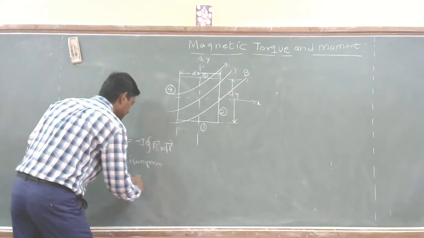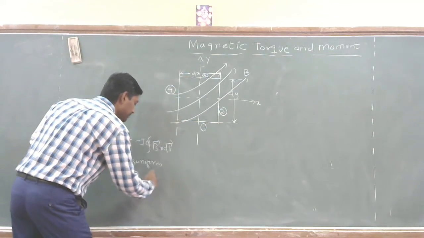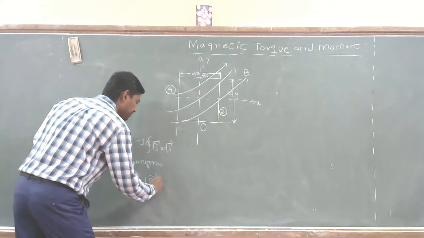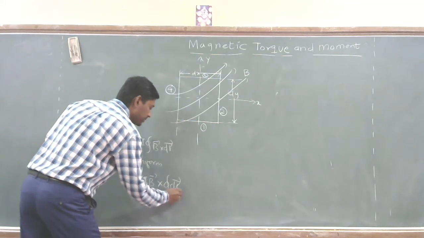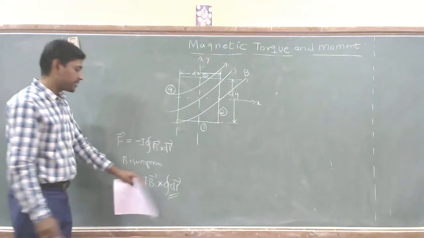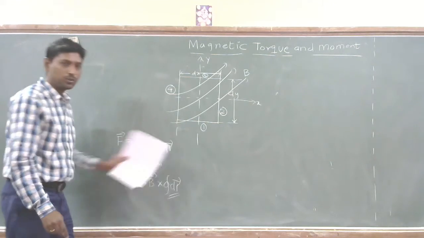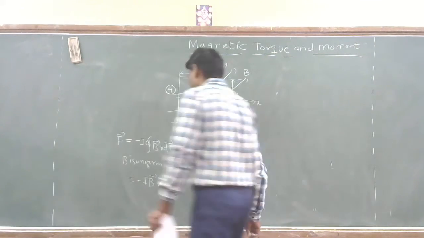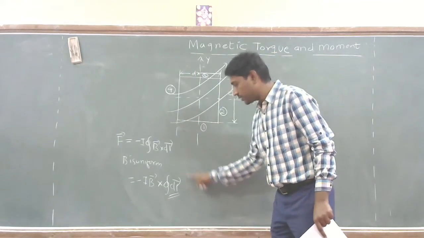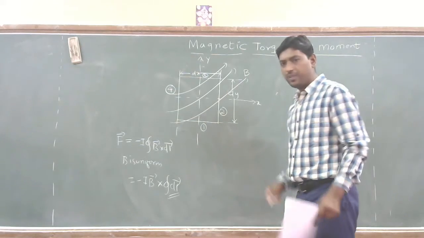Then it's minus I times B cross the integration of dl around the closed loop. And you could check that the integration of this around the closed loop will be 0.